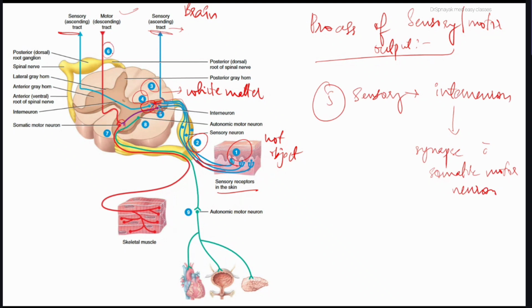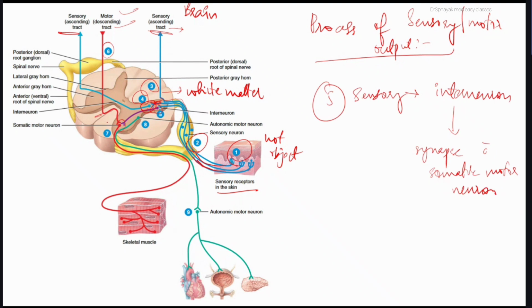The sixth process is, as the impulse is generated and ascends to the brain, the brain then gives an order to the body. That impulse is transported via the descending tract, that is, it is coming from the brain to the spinal cord via the axons of motor tracts and it enters the white matter.